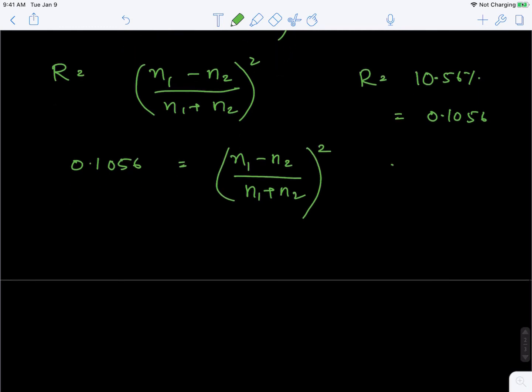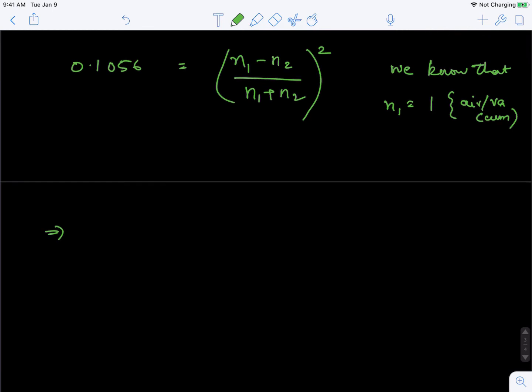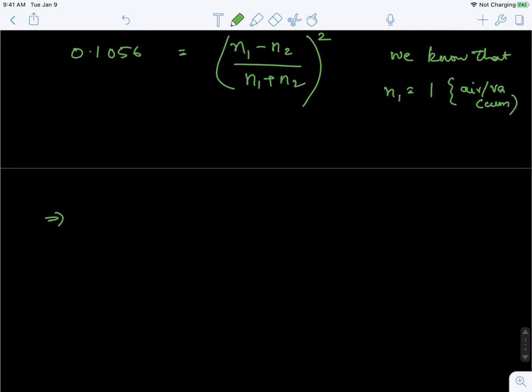We know that N1 is equal to 1 because it is air or vacuum. Therefore, 1 minus N2 divided by 1 plus N2, whole square, is equal to 0.1056.